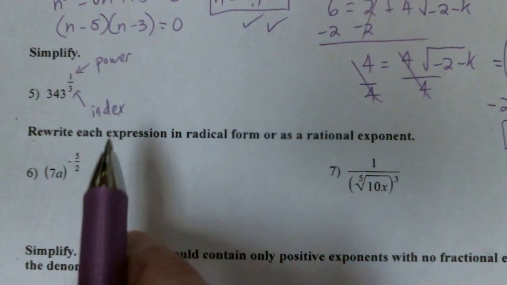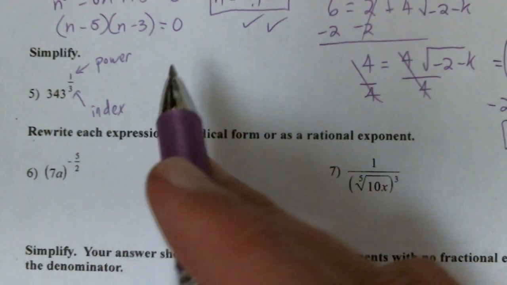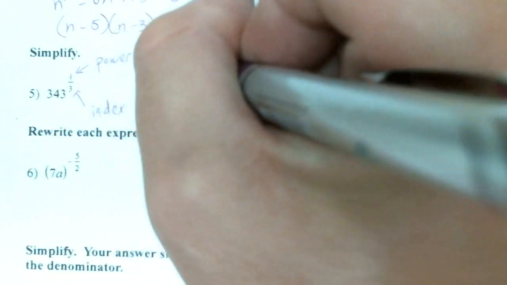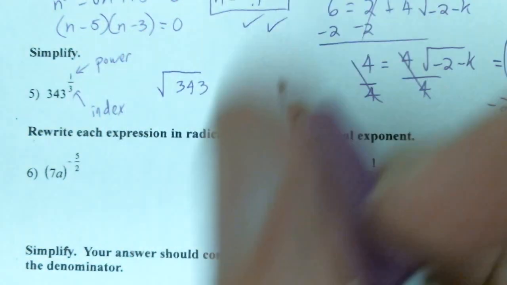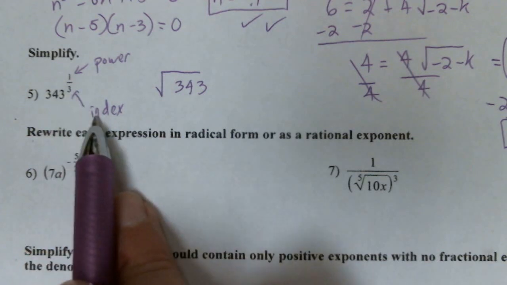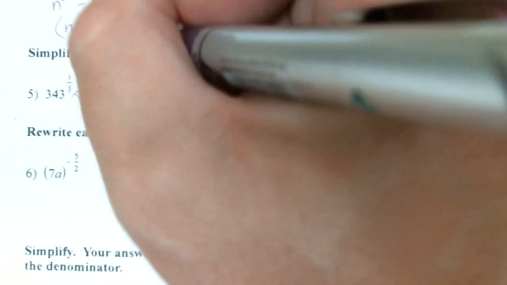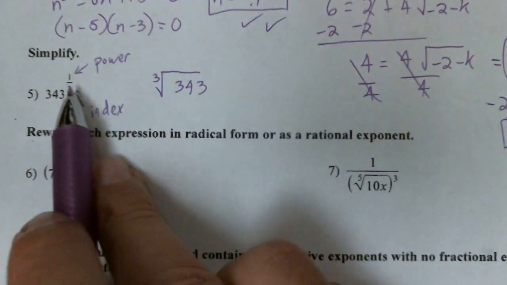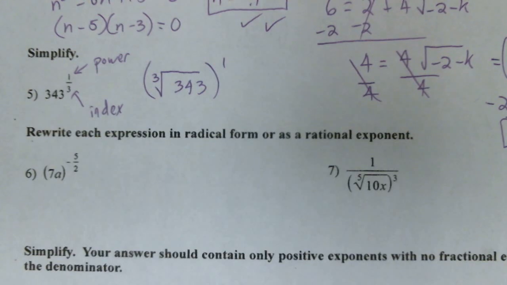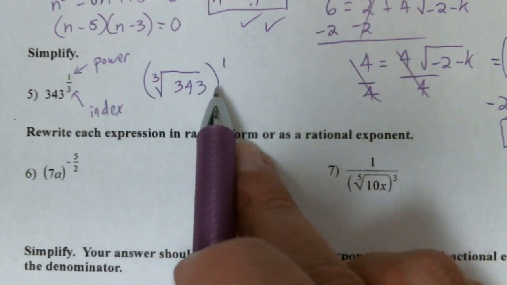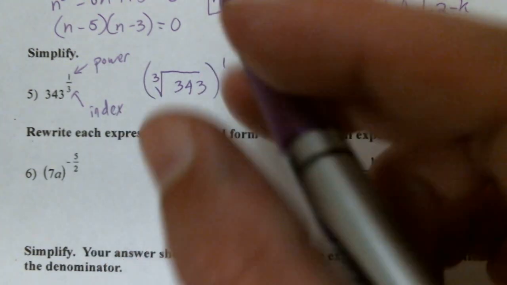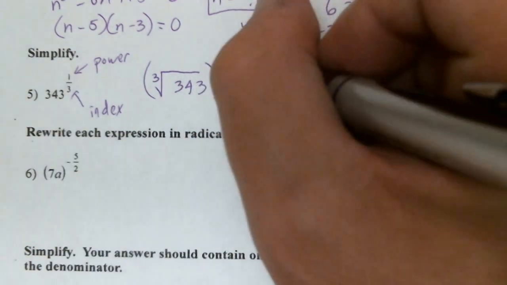Okay, so if I wanted to rewrite this as a radical, there's my radical, the 343 goes inside, so where's my index? My index is 3, and the index goes in the little crevice of your square root symbol. So we're taking the cube root, my power, technically we're raising everything to the first power, and of course I don't need to write that. So essentially we're just asking what is the cube root of 343, which is 7.